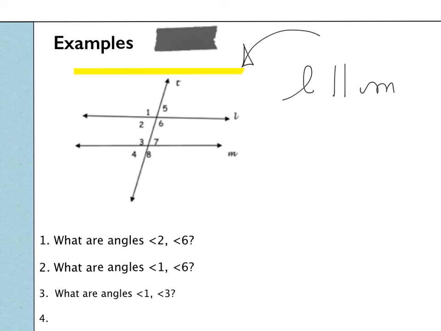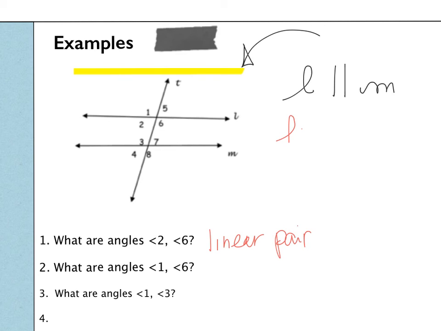So number 1, angle 2, we find it in angle 6. Well, they are inside of the parallel lines, right? And they're next to each other. But they're not on the same side, so they can't be CIAs. But they are next to each other and on the inside, so that means the only thing we can really find here is that they are a linear pair. So linear pair.